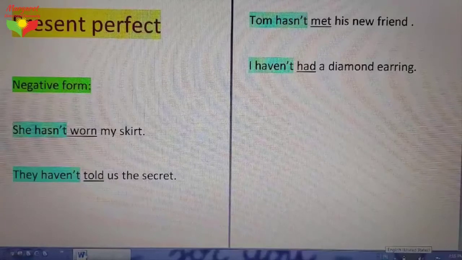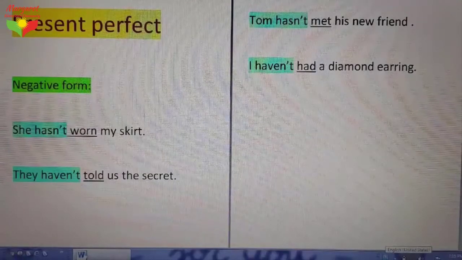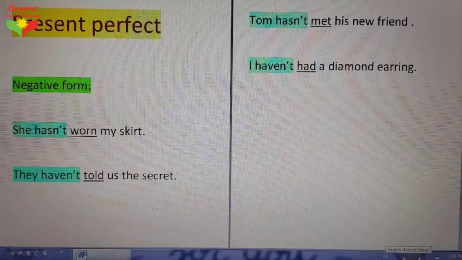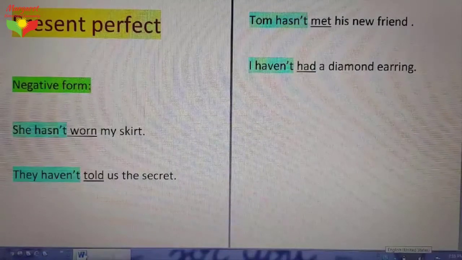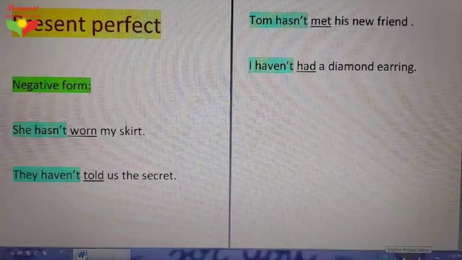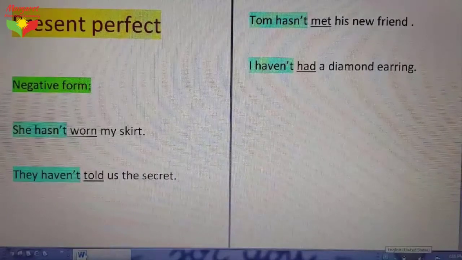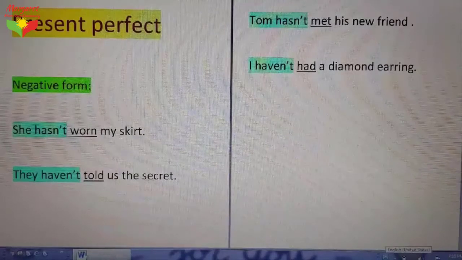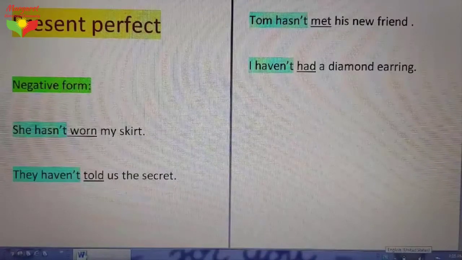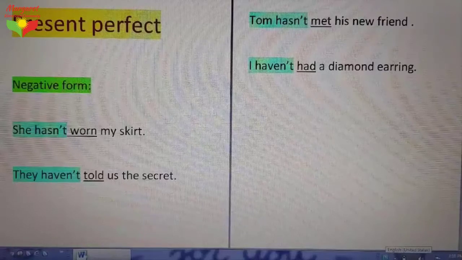But here, if I ask you to rewrite or put back these sentences to the affirmative form, it is very easy. You can just avoid not.